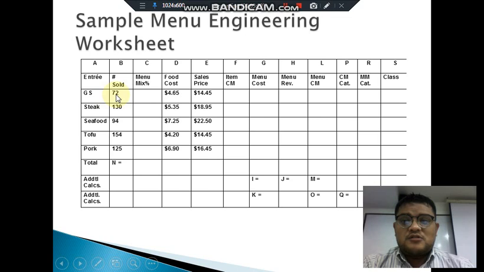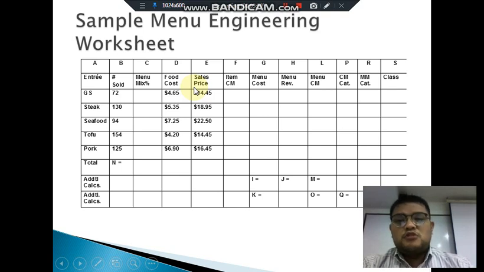The next information that will be supplied to you is column D, which is food cost. Definitely you don't know the food cost of the preparation because you are not working in the restaurant. So food cost will be supplied, and the sales price information will also be supplied. So these 4 columns of information will be supplied; you don't have to calculate them.